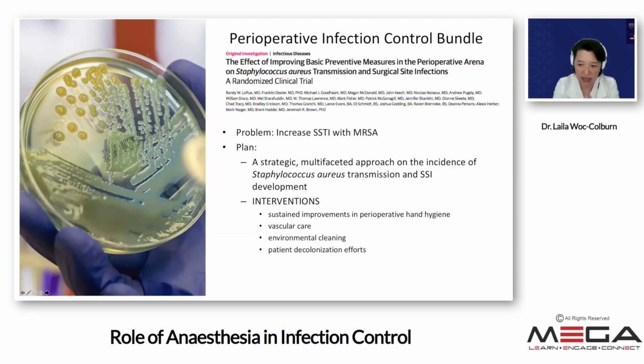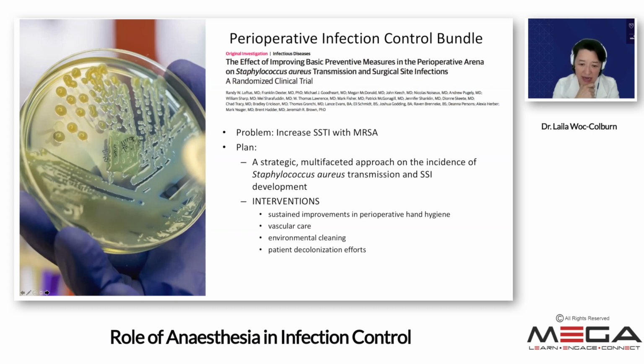These are things that can be done very easily in the perioperative arena for staph transmission and decreasing surgical site infections. So the problem at this institution was that they had increased soft tissue infections with MRSA. And so their plan was to have a strategic, multifaceted approach to see how they could decrease this.